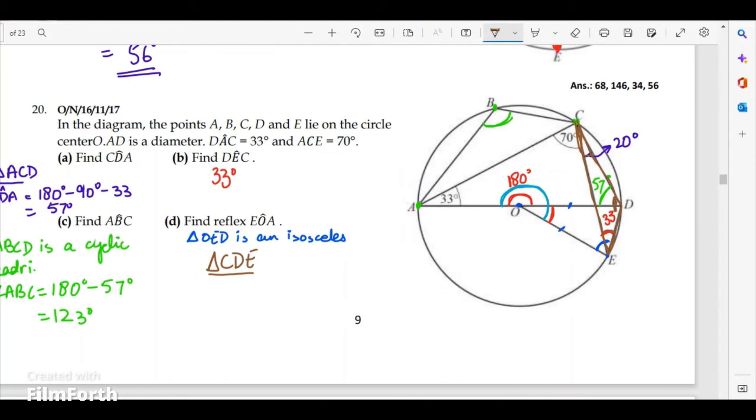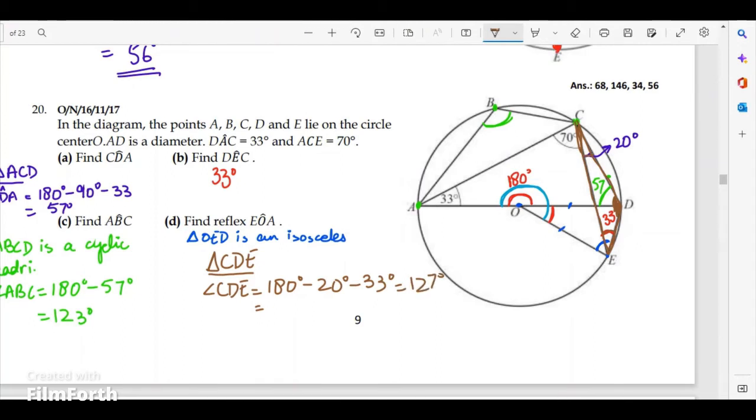I can work out this whole D angle. So angle CDE would be equal to 180 degrees minus 20 degrees minus 33 degrees. I applied the angle sum of a triangle. This is 127 degrees.